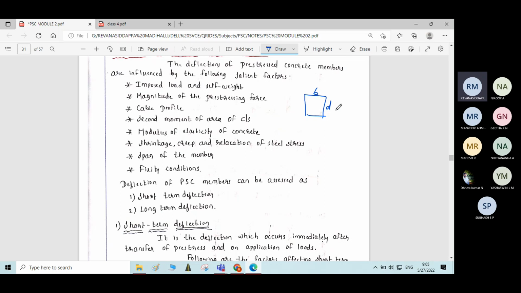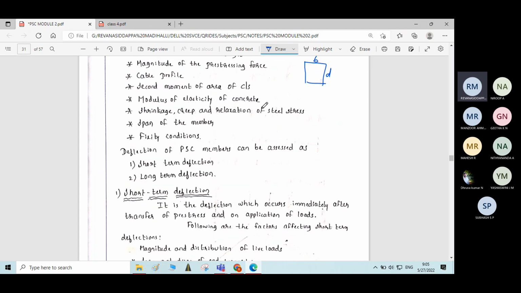If the sectional dimensions increase, then the moment of inertia will also increase. The increase in moment of inertia will cause higher deflection due to self-weight. Then the modulus of elasticity of the concrete, and a few more points: shrinkage, creep, and relaxation of stress in steel.